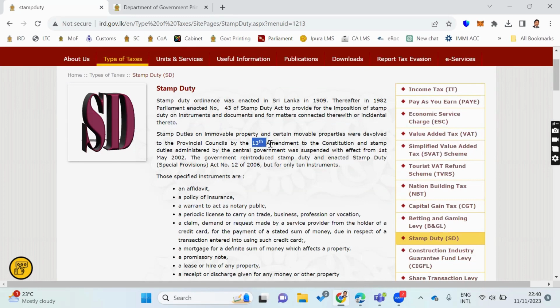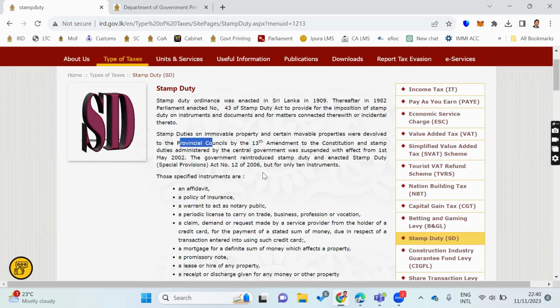After the 13th amendment to the constitution, this is distributed among the provincial councils, right? So we have provincial councils now, and they were allocated revenue collections as well.